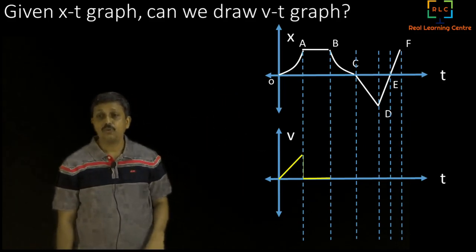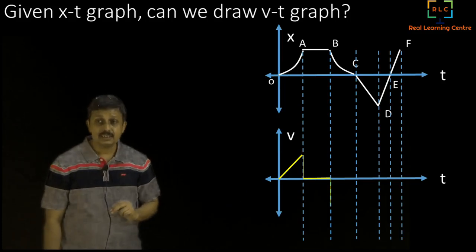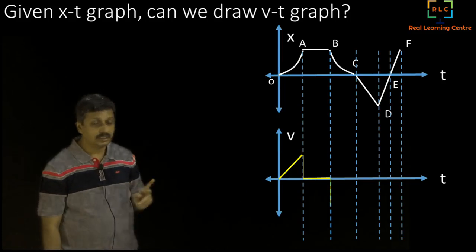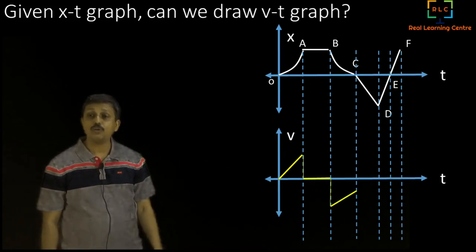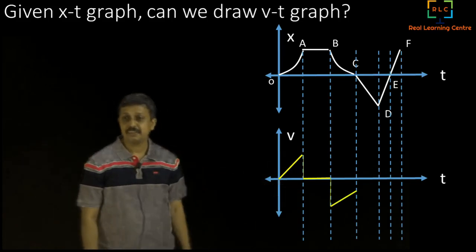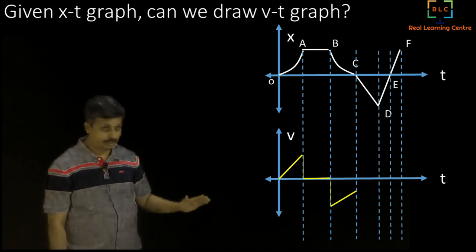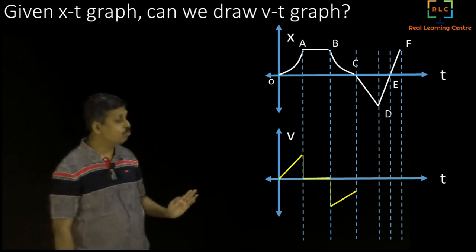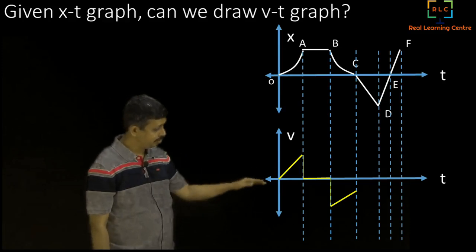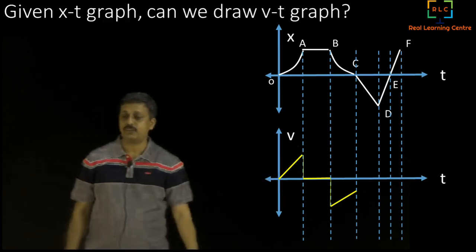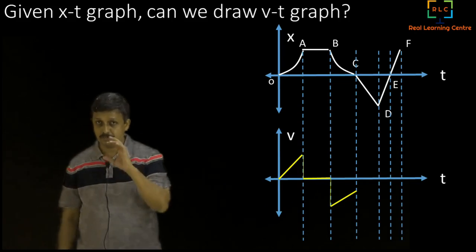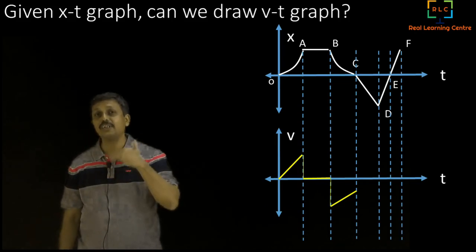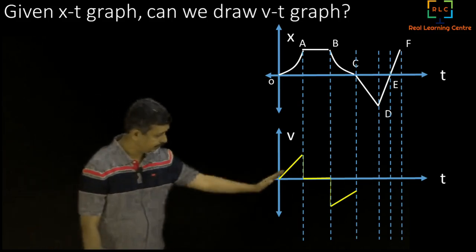So the slope is negative initially, very high, and that negative slope is decreasing like this. Decreasing means coming towards 0. So in my view, decreasing here means coming towards 0. So it is a decreasing slope.